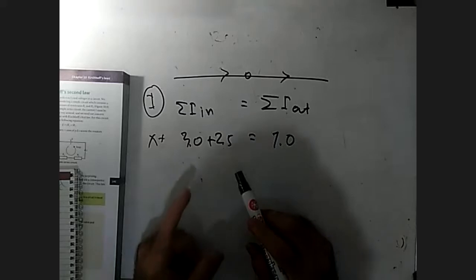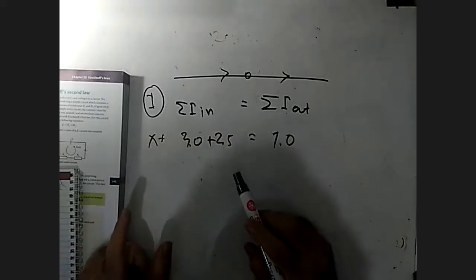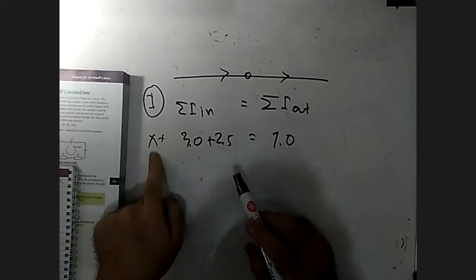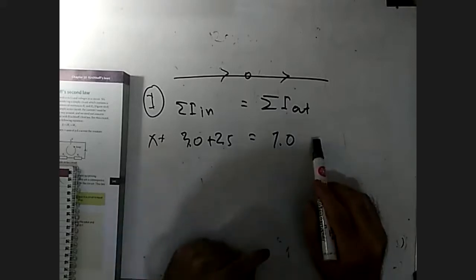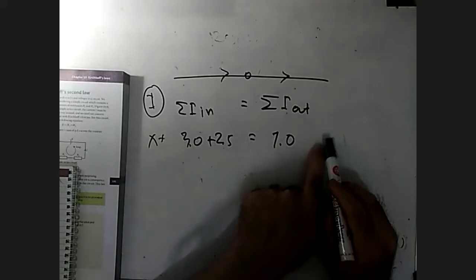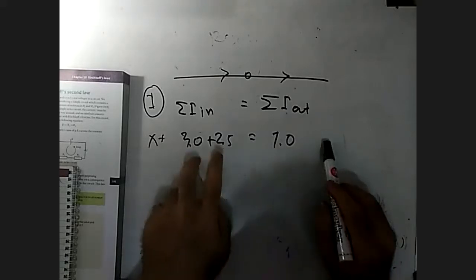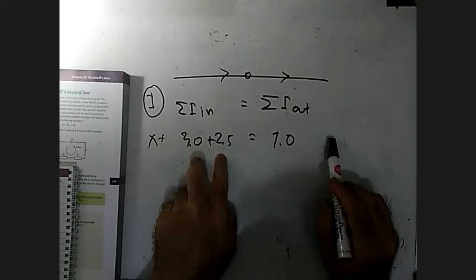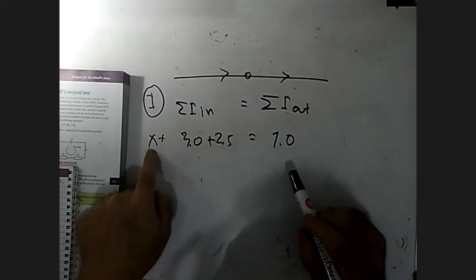In order to balance it, the last wire X must be on the inside part, not on the outside. This side is already lower than out, right? So if you put it there, we cannot balance. 5.5 plus 7 cannot be 7 plus something else. So it has to be there.